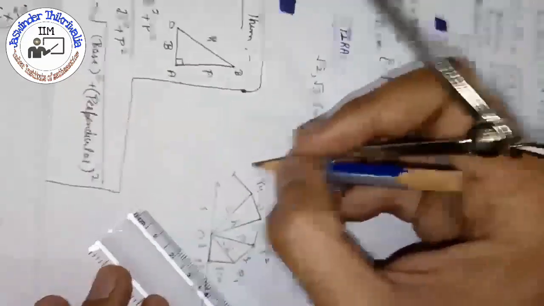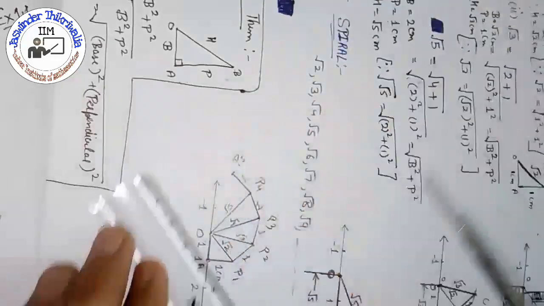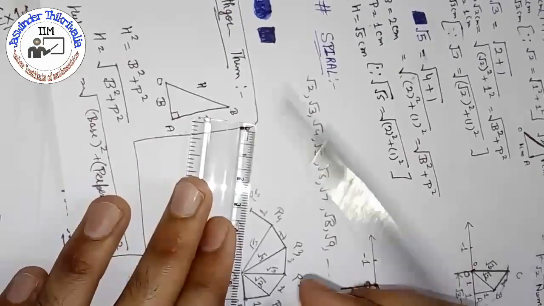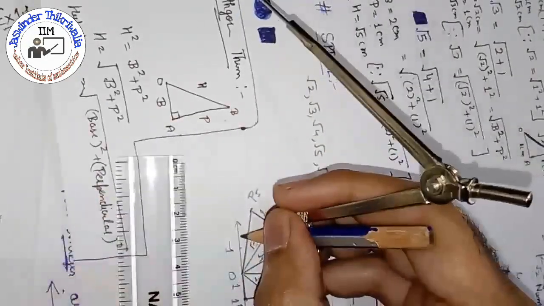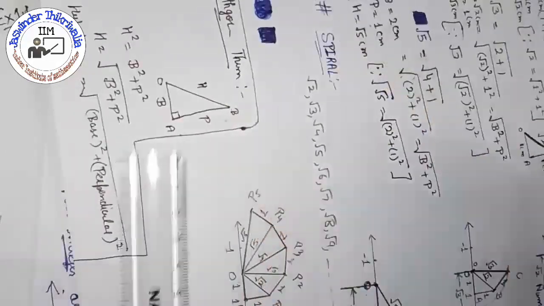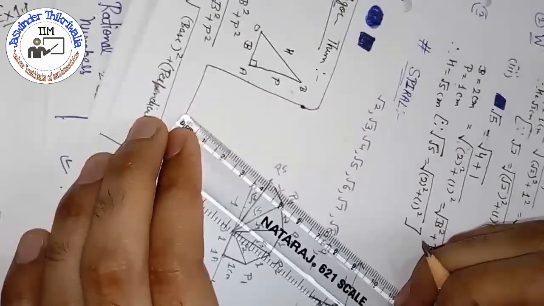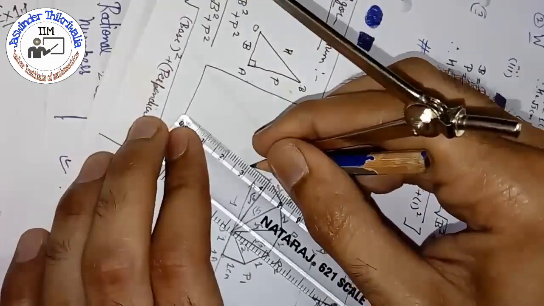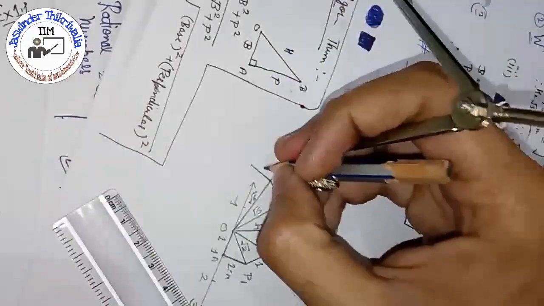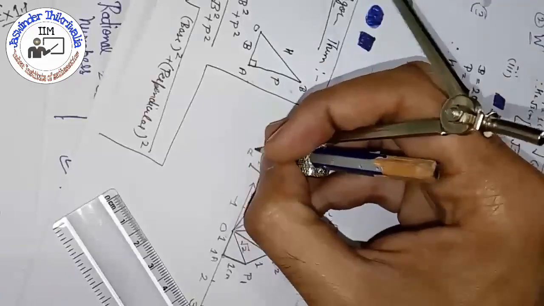Okay, this point will be P5. This perpendicular is 1 centimeter. Like this way, beta, you can continue. After that, I think you understood. Again here we will make a perpendicular of 1 centimeter. Okay, in this continuous manner, this will be your point P6.